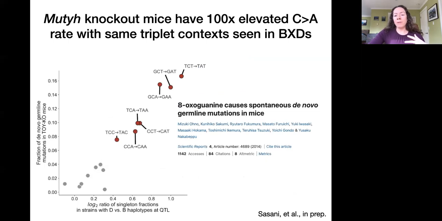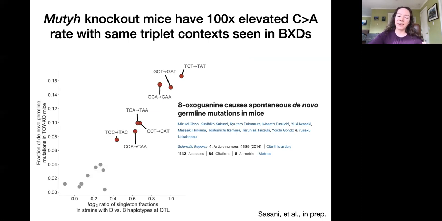And moreover, there's this paper by Ono et al., in which they generated mice with the entire 8-oxoguanine repair pathway knocked out, MUTYH and its two interaction partners. And that resulted in mice that had about 100-fold elevated germline mutation rate, including 99% C to A mutations.